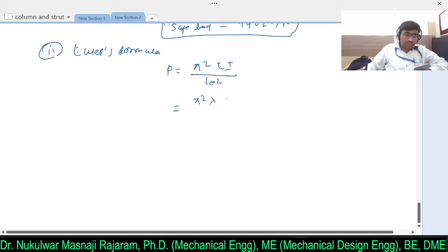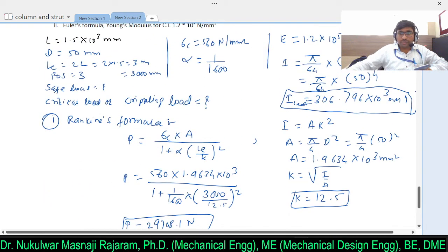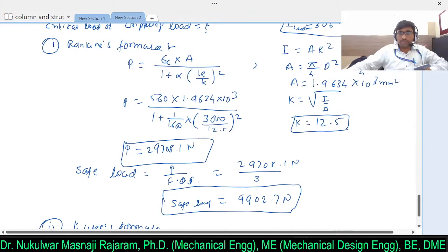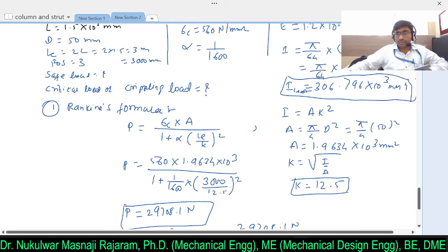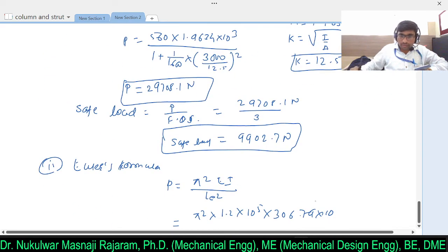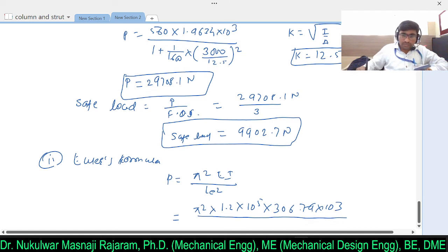So pi square E is given 1.2 into 10 raised to 5, into the I value which we have evaluated, that is 306.79 into 10 raised to 3, and we know the LE, that is 3000 square.